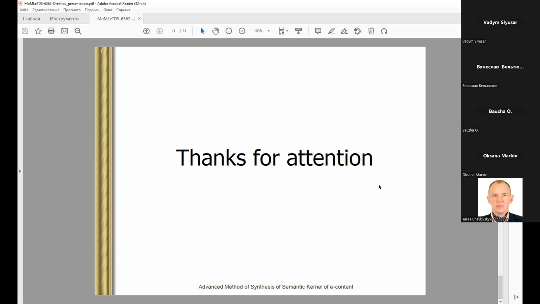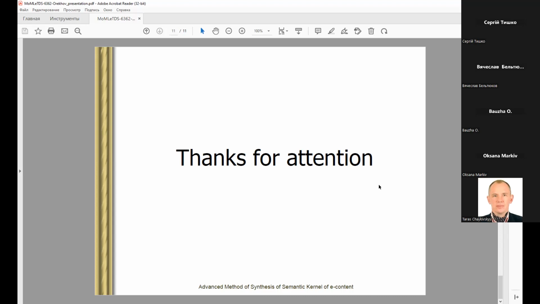When we describe a document or a set of HTML documents, one semantic kernel can help us classify documents, showing that a document belongs to some set of HTML documents.